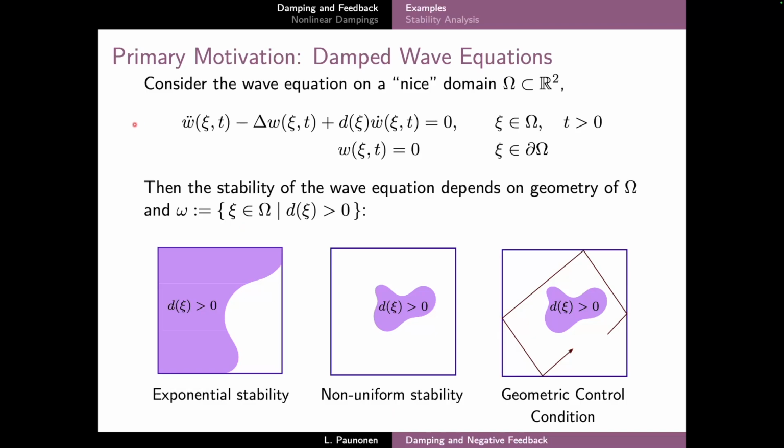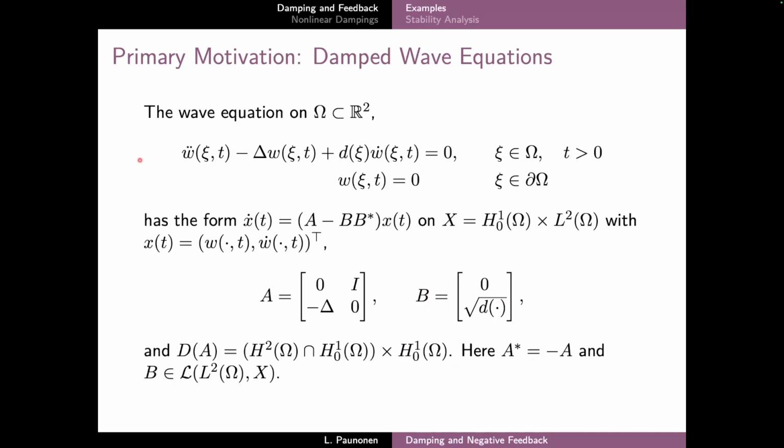And the wave equation indeed fits in our framework, and it can be expressed as an infinite dimensional abstract Cauchy problem with a generator of the form A minus BB star. If you haven't seen this before, then don't worry. The main message is simply that this equation is within our framework.